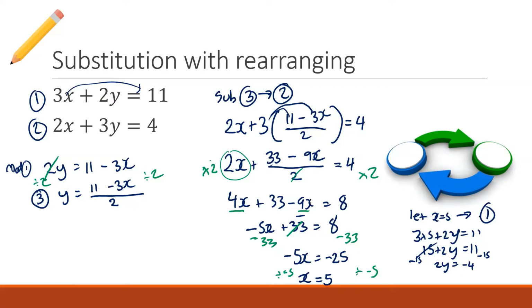Yes. I'm actually going to double check just because I know that I'm going to make a mistake. Oh, I was right. Therefore, y equals negative 2. And there is our answer.